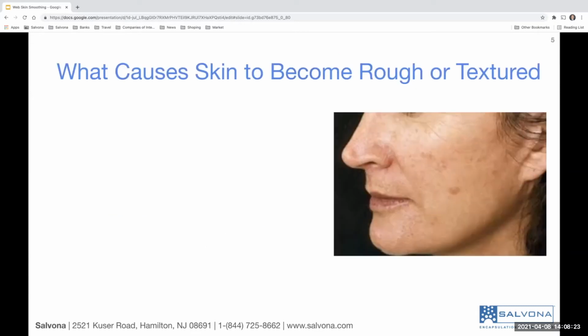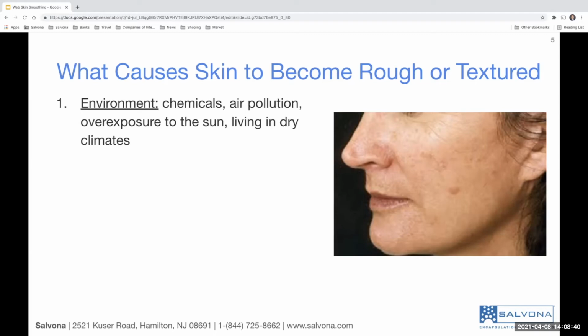So let's start with the science and ask the question of what causes the skin to become rough or textured. What's the reason for that? Why did we come to this situation? And then we try to answer how to overcome the problem. So the picture talks a lot. You can see that there are four major reasons for rough or textured skin.